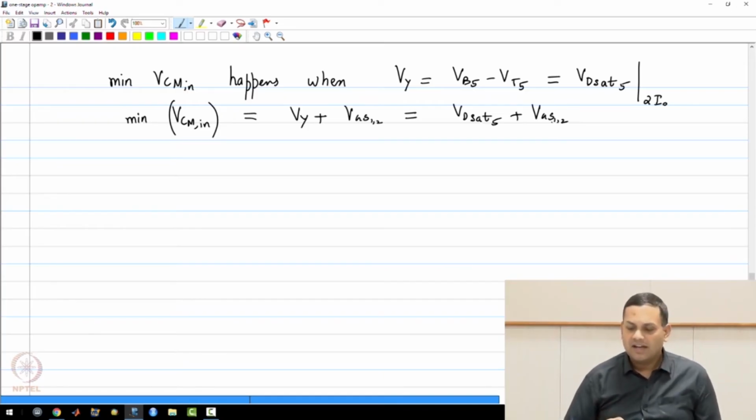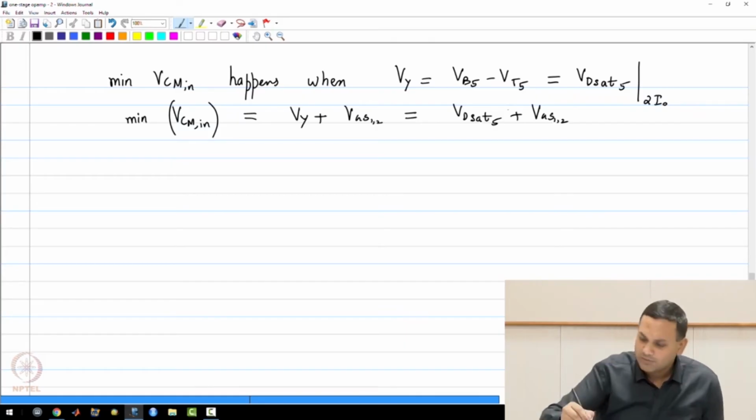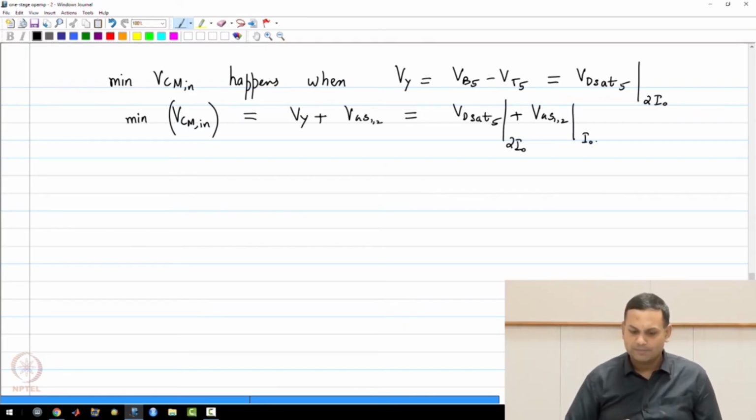Again, just wanted to point out that VD sat 5 is calculated at a current 2I0, whereas VGS12 is calculated at a current I0, because these are the respective bias points. So the input common mode voltage cannot be below this value.